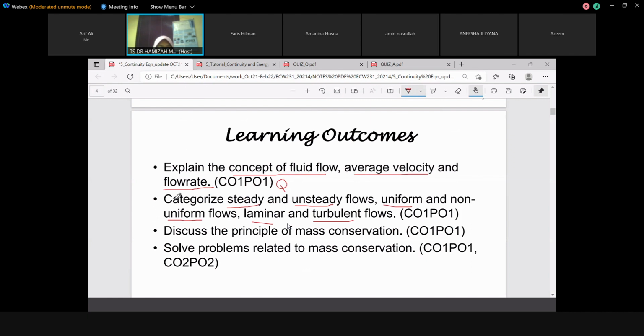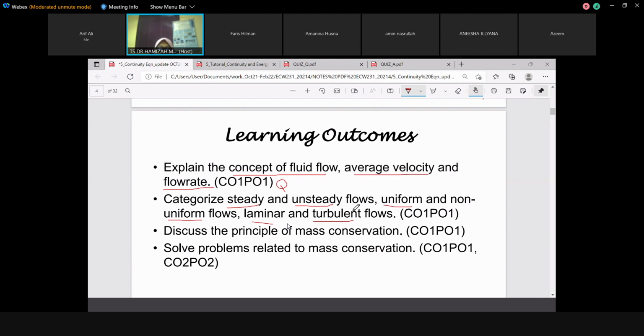Okay, for category steady, unsteady, uniform and non-uniform, we don't need to calculate, but to determine laminar and turbulent, we need to calculate the Reynolds number. Okay, based on the Reynolds number, you can determine either the flow regime, it is laminar ataupun turbulent.